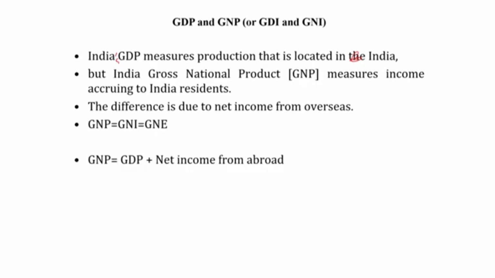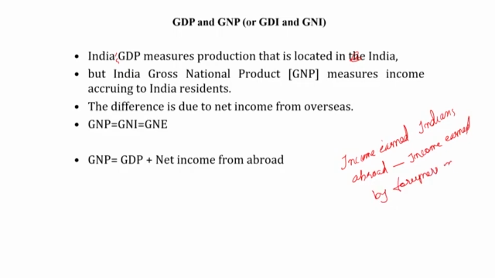GNP is measured by adding net income from abroad to GDP. The net income from abroad is income earned by Indians abroad minus income earned by foreigners in our country, that means in India.